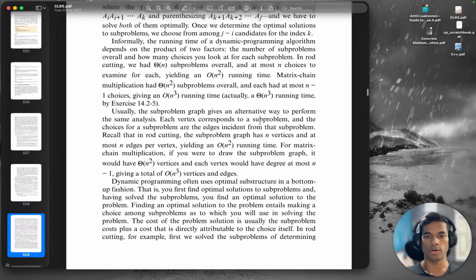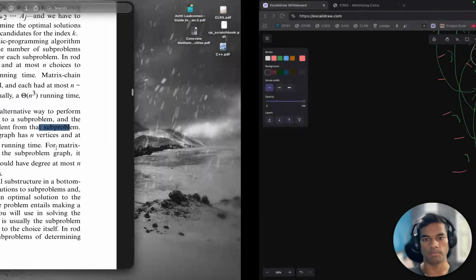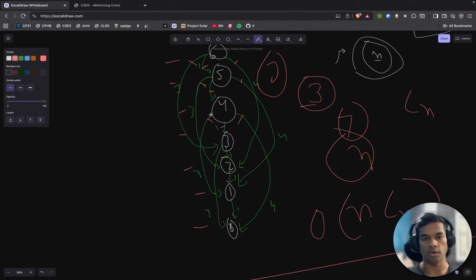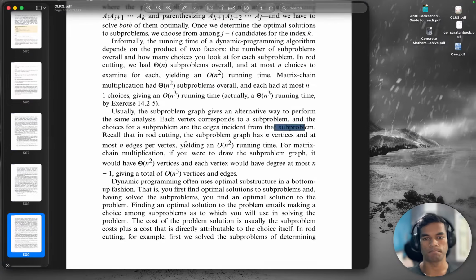each vertex corresponds to a subproblem, and the choices for a subproblem are the edges incident from that subproblem, the edges going out from that subproblem. That is the number of choices available there.